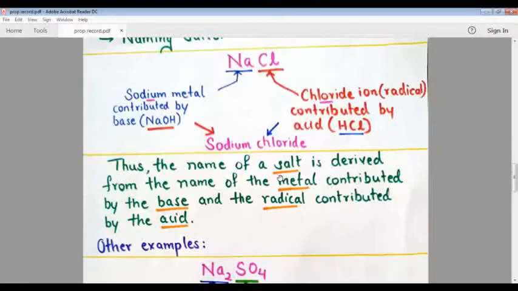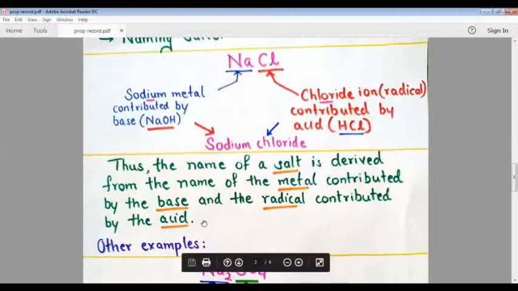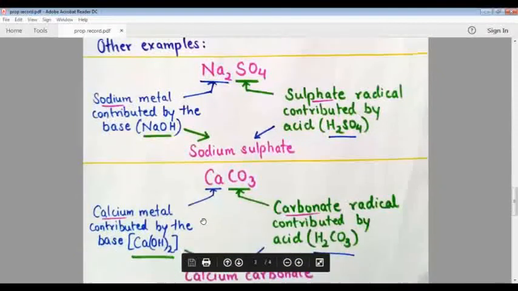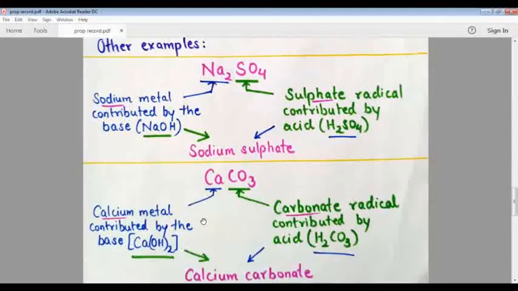So we can simply say that the name of a salt is derived from the name of the metal contributed by the base and the radical contributed by the acid. Let's take another example, Na2SO4. Now from which particular base and acid has this salt been formed?